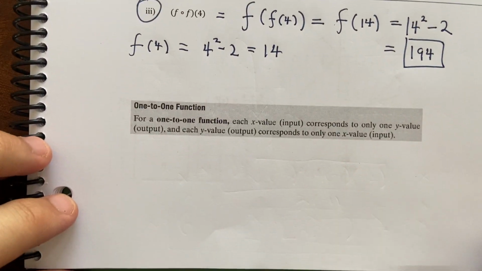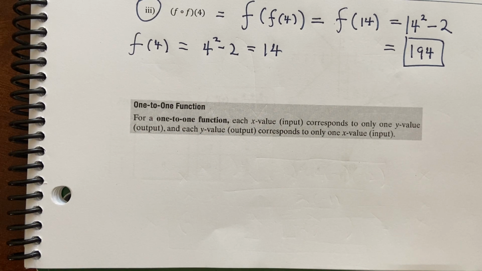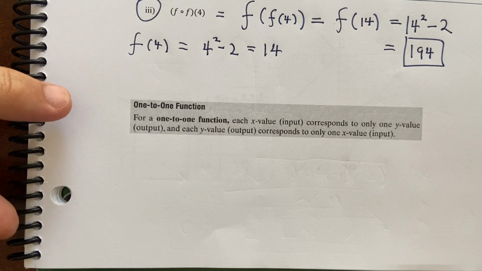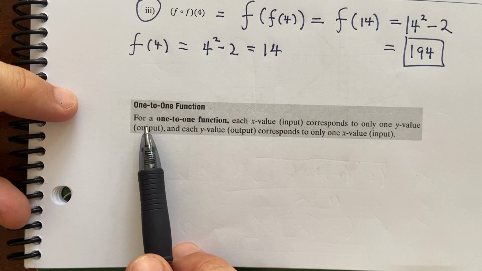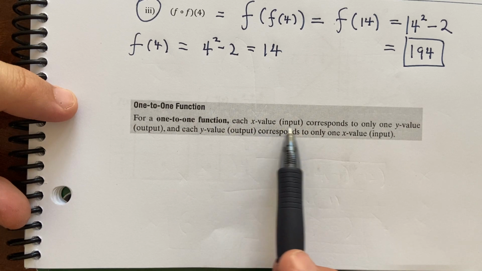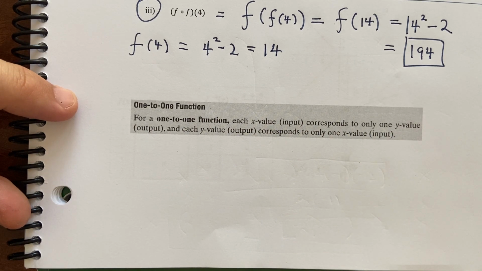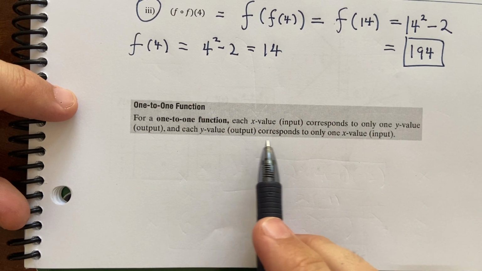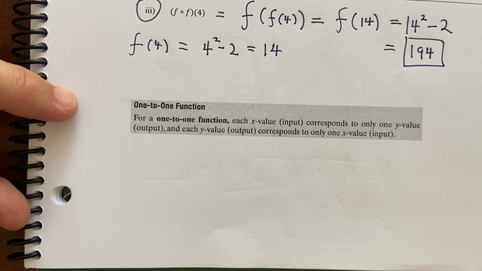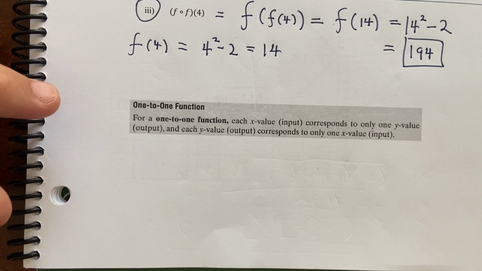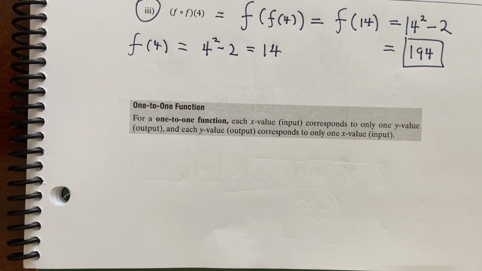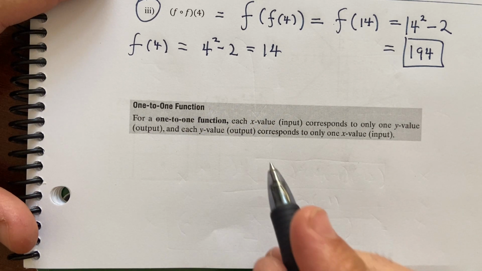So there's this notion about one-to-one functions. This is kind of inching us towards this idea of inverse functions. So for a one-to-one function, each x value corresponds to only one y value, and each y value corresponds to only one x value. So if you remember, we had the vertical line test for functionality.